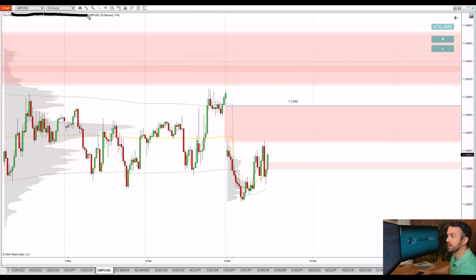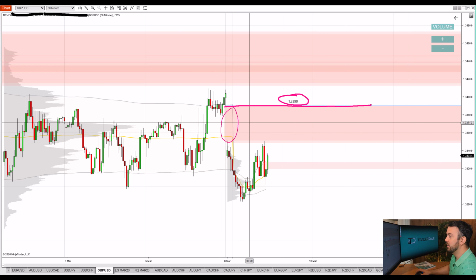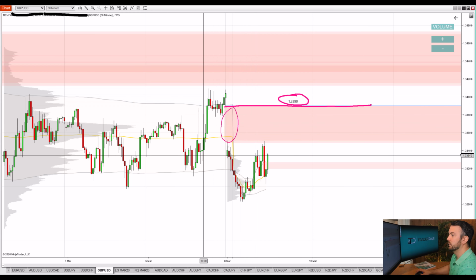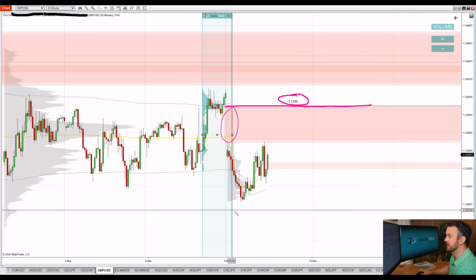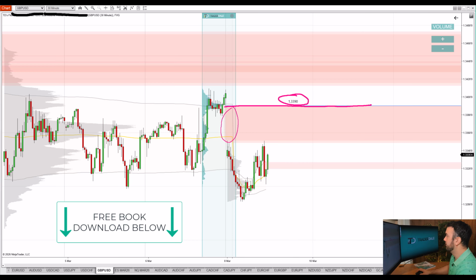It is a 30-minute chart, and in here I want to show you a newly formed resistance, this one, at 1.3390, which is based mostly on the opening gap. This is the opening gap. Market opened with a significant gap, and when it opens like this, I want to see a heavy volume zone before the gap.